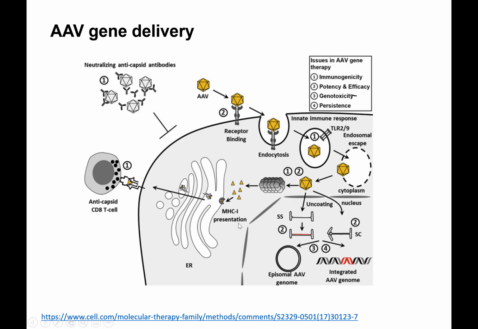So AAV is a very common virus used for, it was looked at a lot for gene therapy. It's a nice little small virus. It's non-pathogenic. It comes into our cells and does a good job at expressing genetic information. You don't have to worry about all of this information. The nice thing is there are multiple subtypes, so multiple strains of AAV that look slightly different.